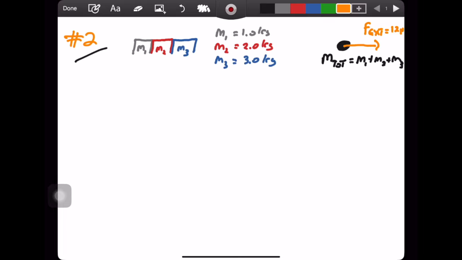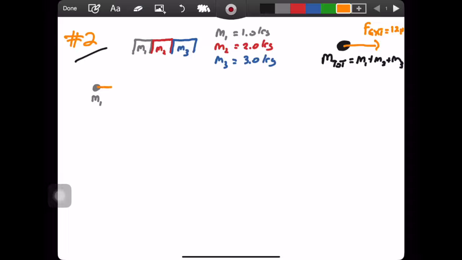But then I'm also going to break it down into how all of the individual masses experience forces, some of which are action-reaction pairs. And so it's always a good habit when you think of a mass and you think of forces acting on that mass. I'm going to start with M1. The external force of 12 newtons gets applied to it.